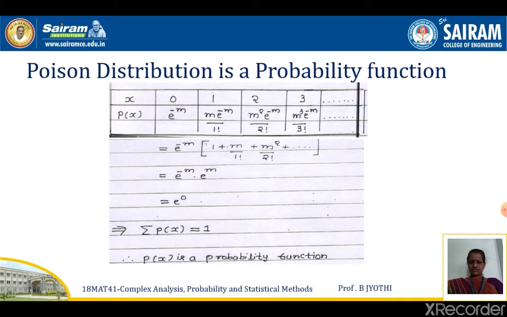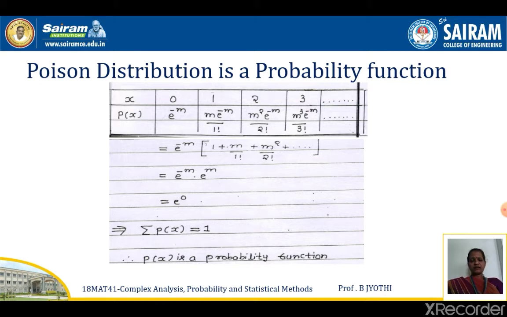When you take the total of all this, we get e power minus m into 1 plus m by 1 factorial, plus m square by 2 factorial, and so on.